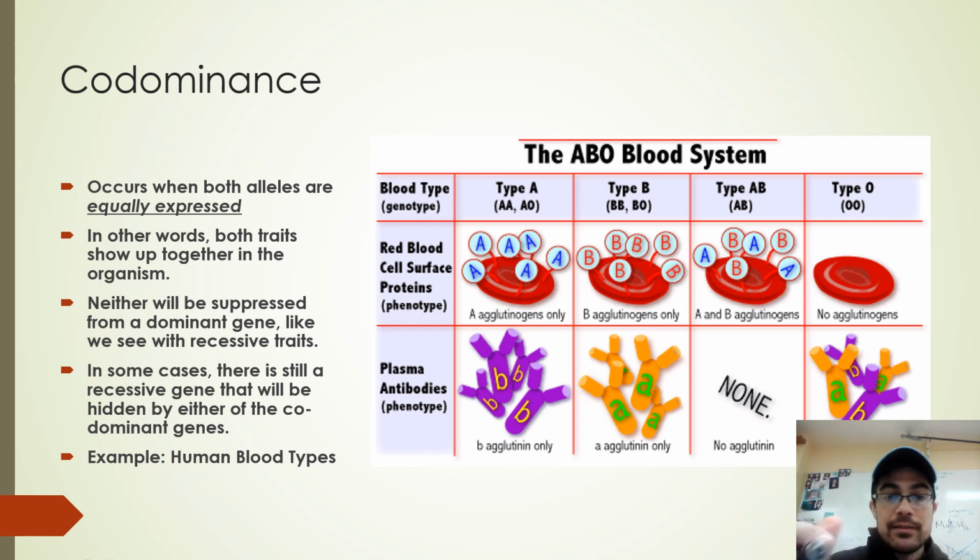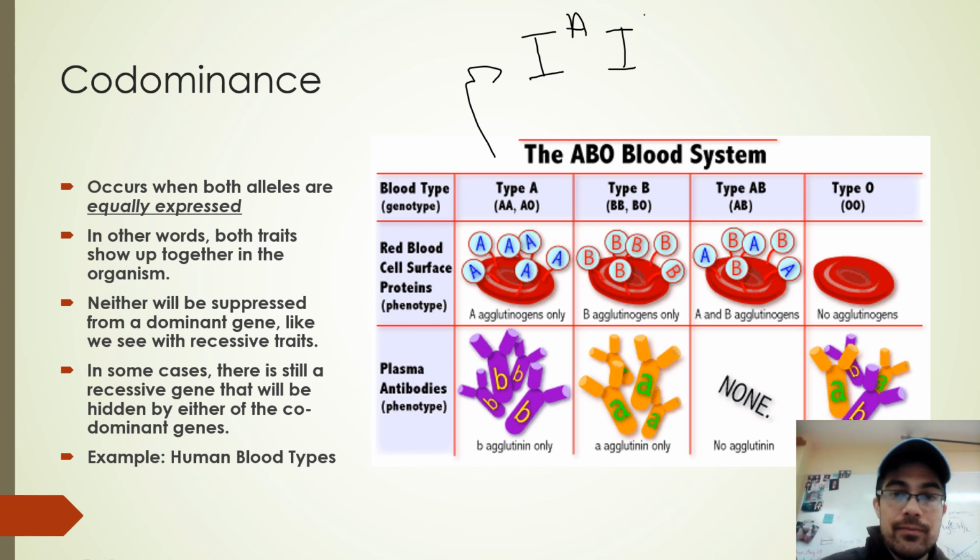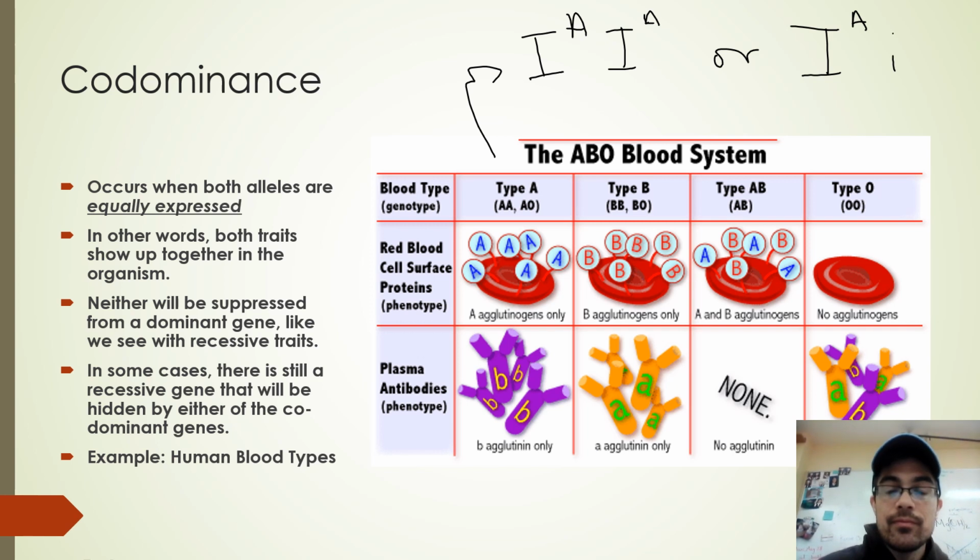So just looking here, someone who is type A could have the blood type IA IA, or it could be IA and lowercase i. The lowercase i would be the recessive allele.